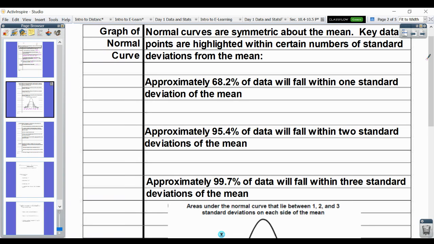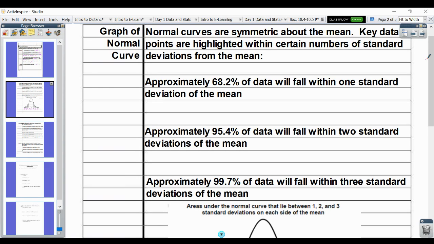Anytime it is cupping downward, you have the remaining 31.8%. If you are looking within one standard deviation, and that's again positive or negative, so you could be one above or one below the mean, that's going to contain 68.2% of the data points.